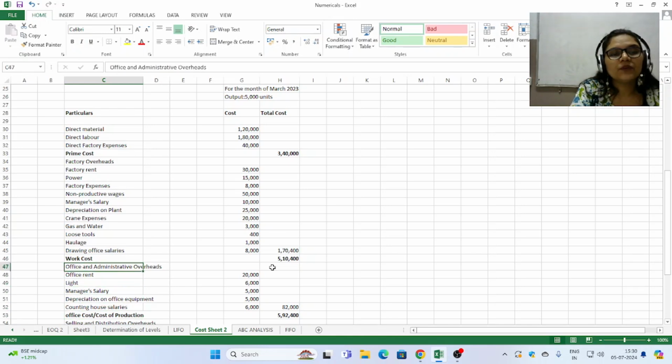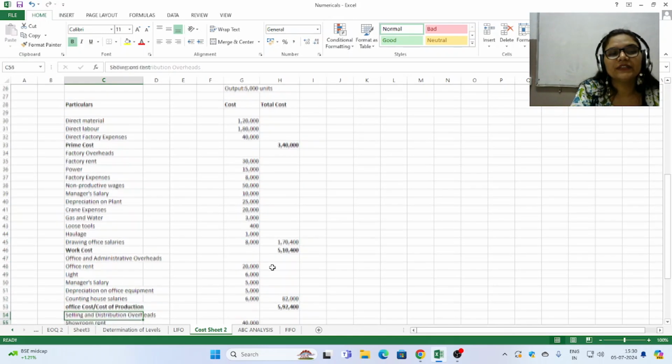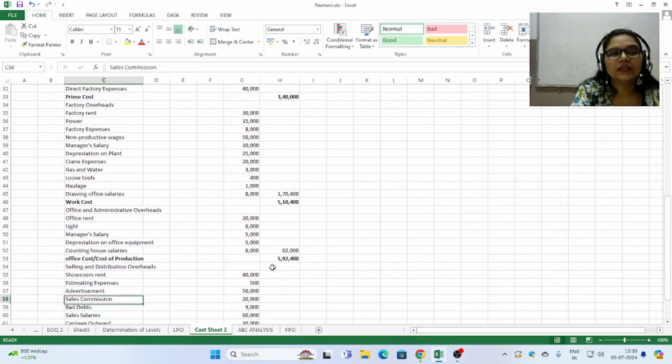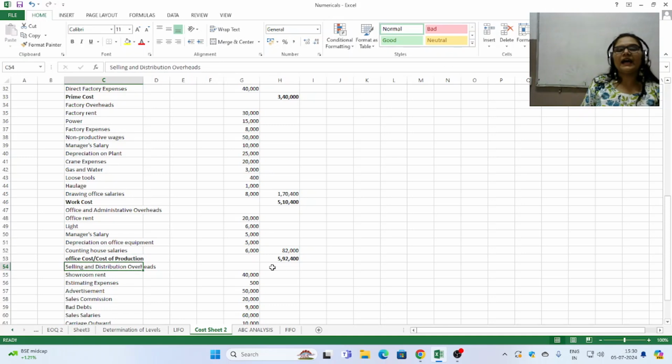After adding work cost and office and administrative overheads, we get cost of production. Now in cost of production, we add selling and distribution overheads. These are the expenses incurred when we are finally selling the product in the market.